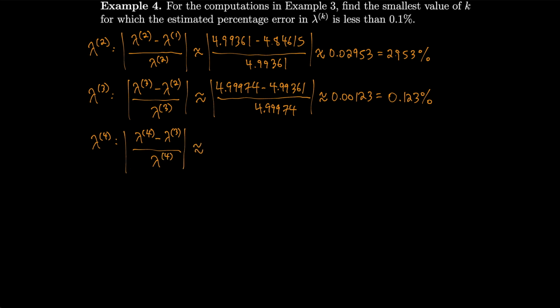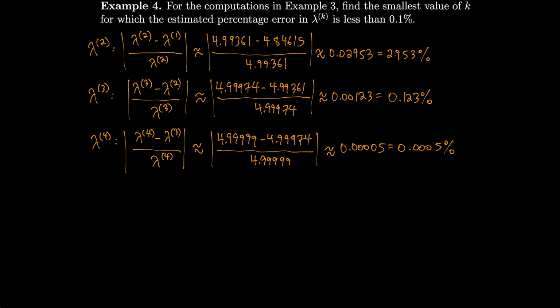It's about 4.99999 minus 4.99974 over 4.99999, and we get about 0.0005, which is 0.0005%. So it looks like we could stop at lambda 4, but might as well just look at lambda 5 just for the heck of it.